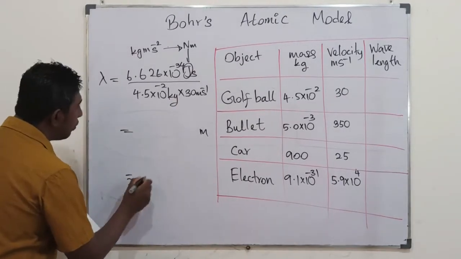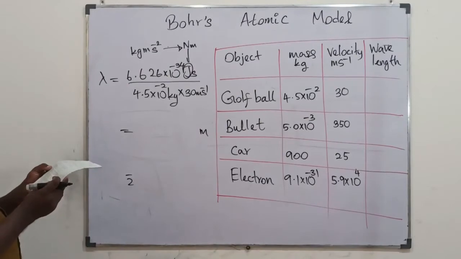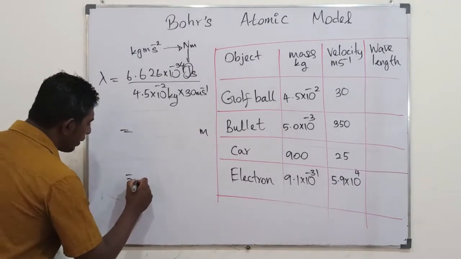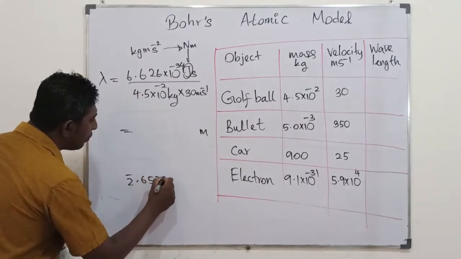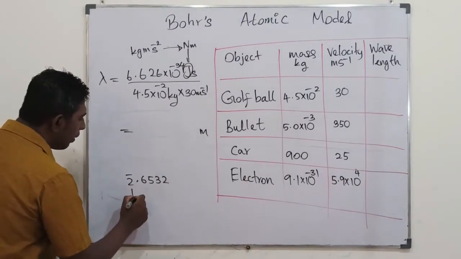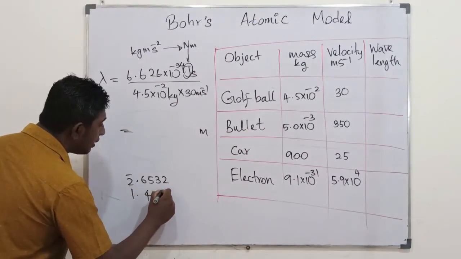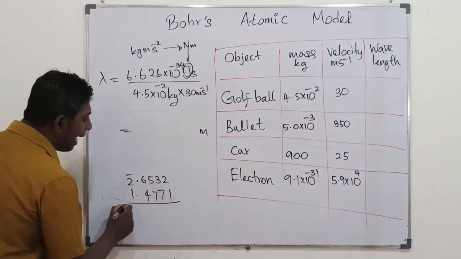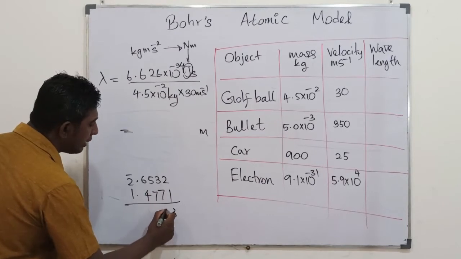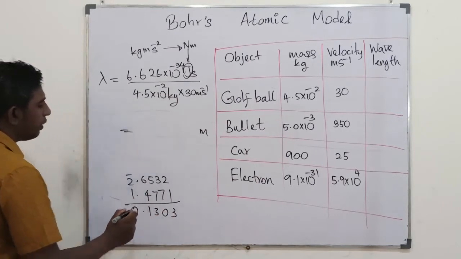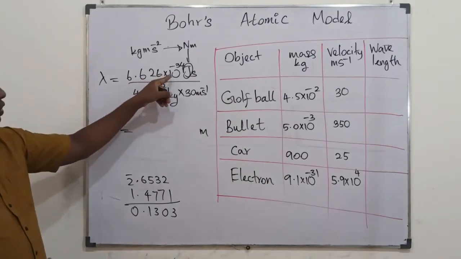It's bar 2 for this. 0.45 would take 0.6532. Then it is 1.0230, which is 4771. Then you add them up. It is 3 here, 10 here, 13 here, 11 here, 0 here. Then you take the log of this.